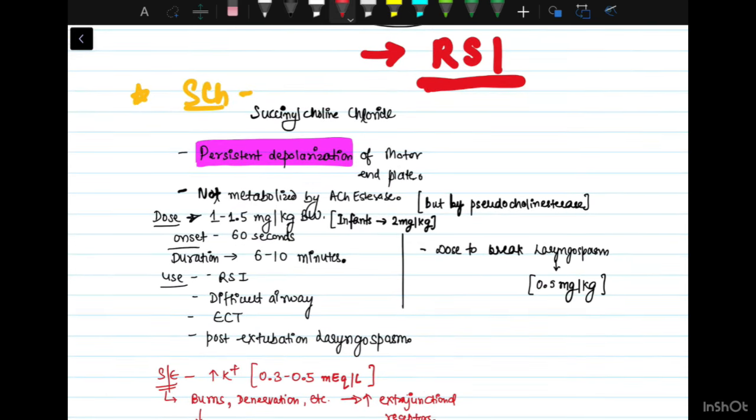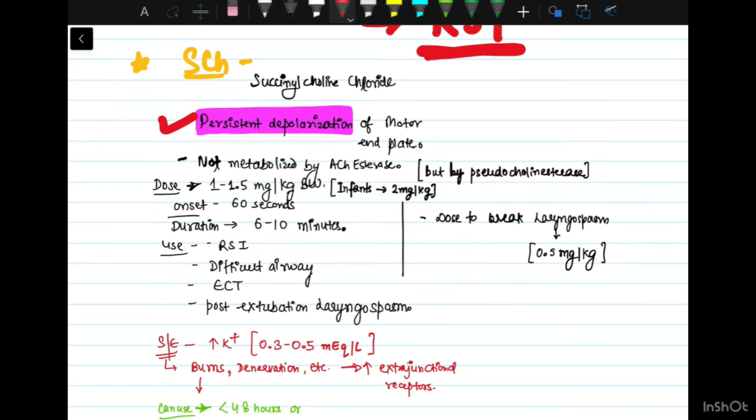The mechanism of action is a persistent depolarization of the motor end plate. And remember, it is not metabolized by acetylcholinesterase, it is metabolized by pseudocholinesterase, which is present in the plasma.